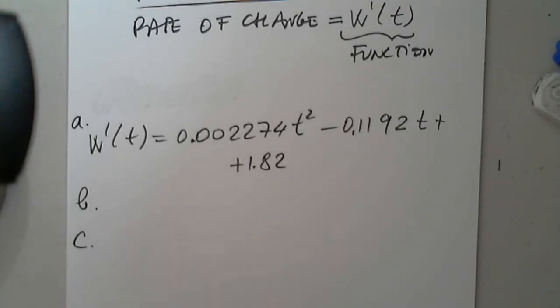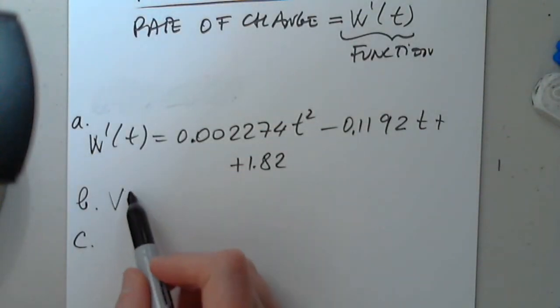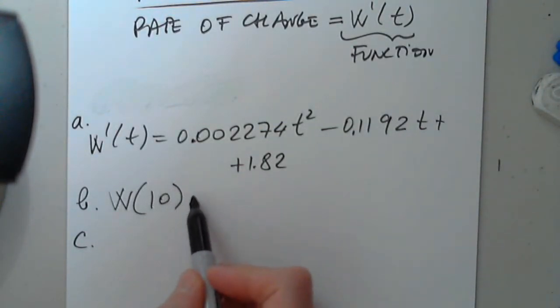Can anyone tell us what is B asking us to do and what is C asking us to do? To find it for what it's expected at 10 months. Right, so what do I write? Would you use the initial equation? Absolutely. W of 10.